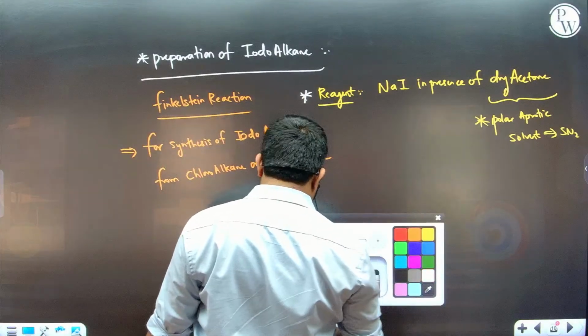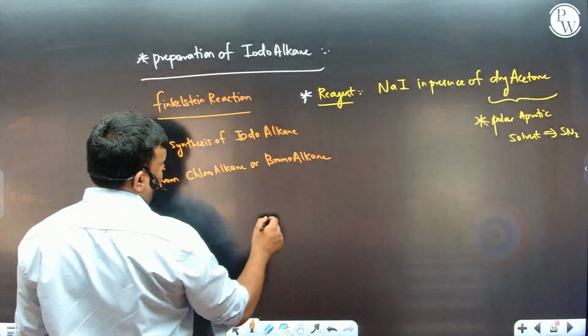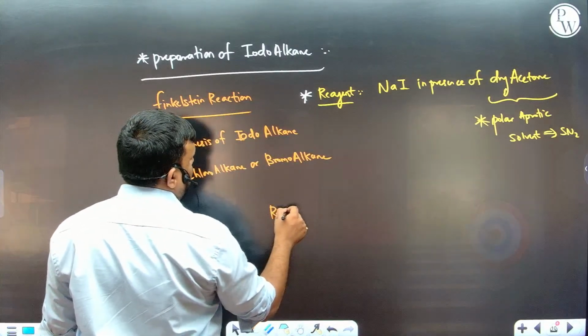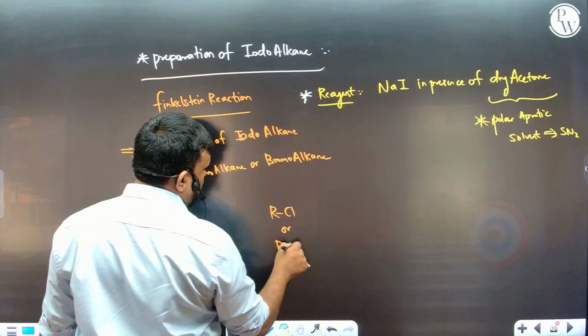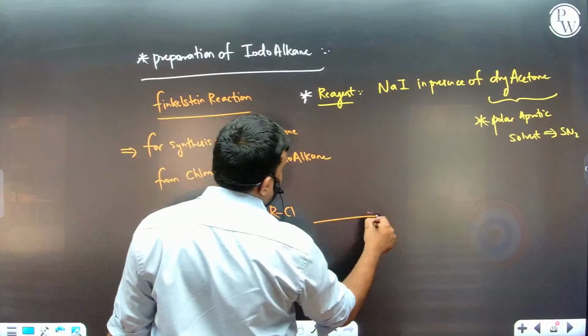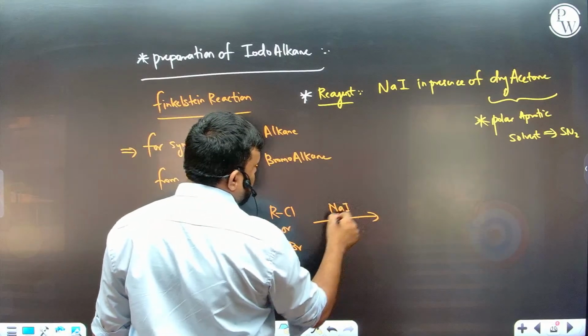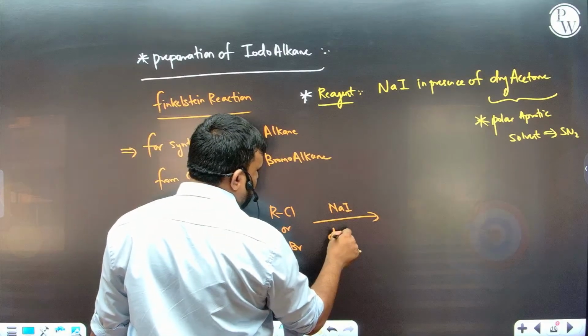So what will happen over here? What is the reaction about? We are having either chloroalkane or bromoalkane and we are reacting it with NaI in presence of dry acetone.